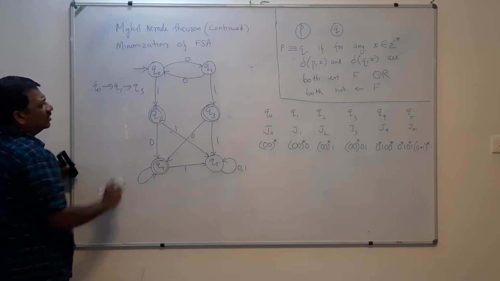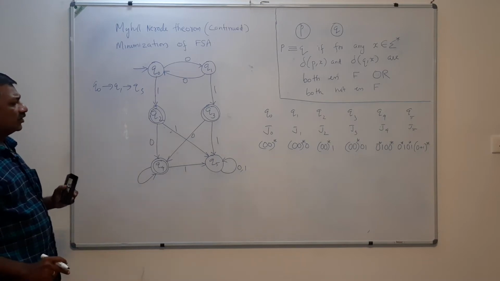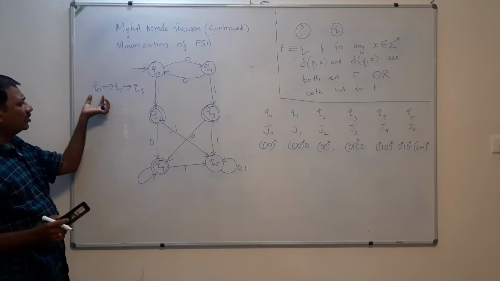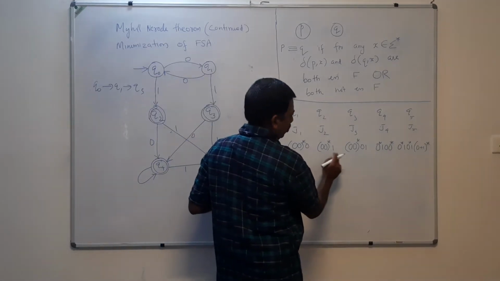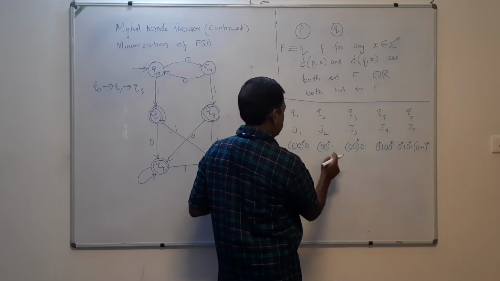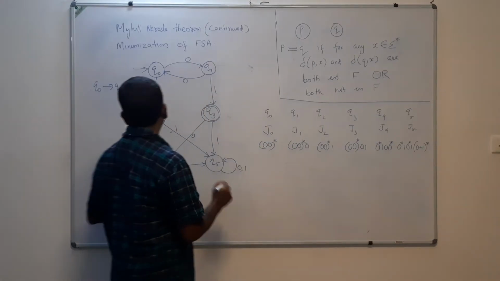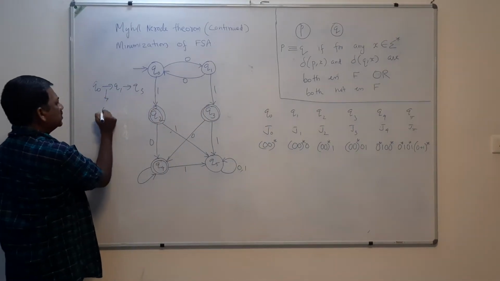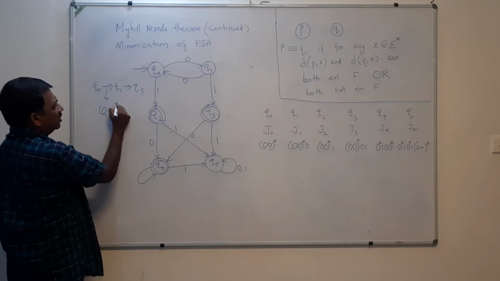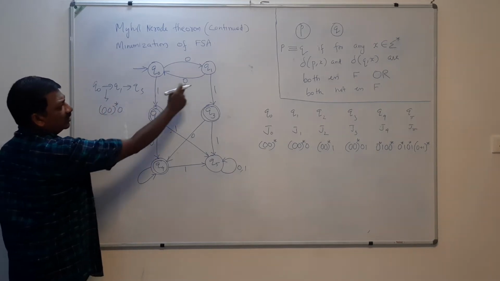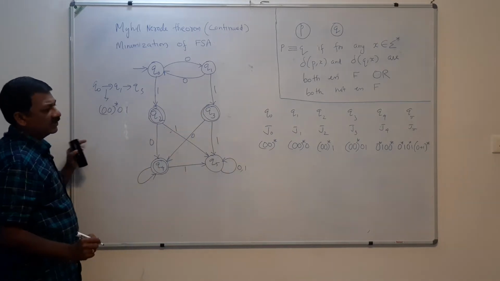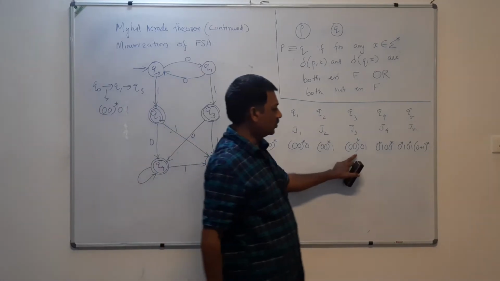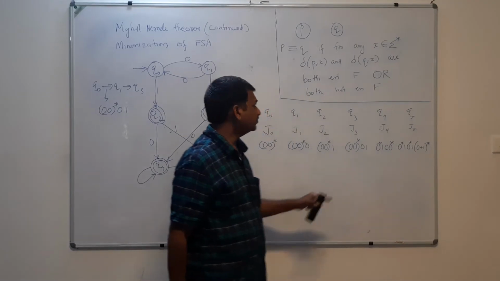What is the set of strings which causes the finite control to reach Q1 from Q0? That is (0 0) star 0. And after that, from Q1 to Q3, a 1. That is why you have (0 0) star 0 1.